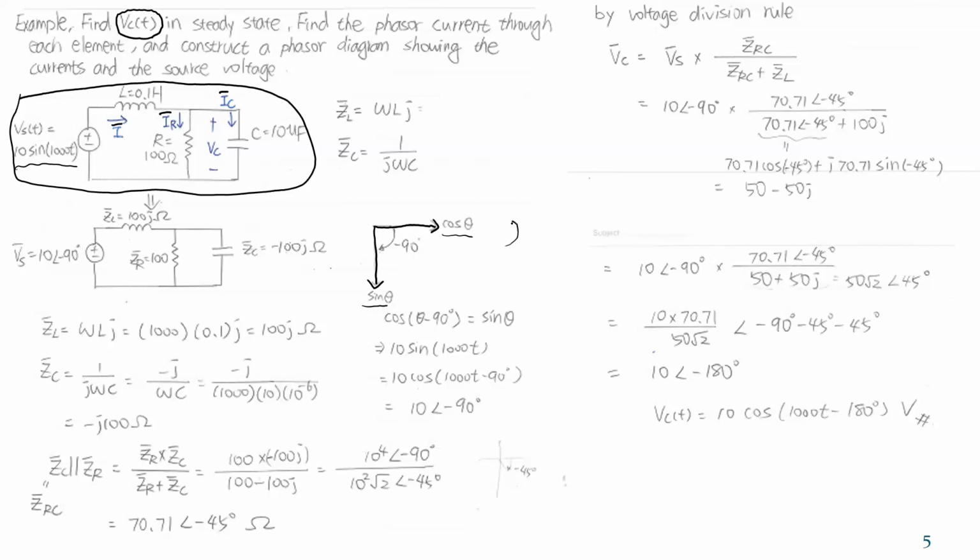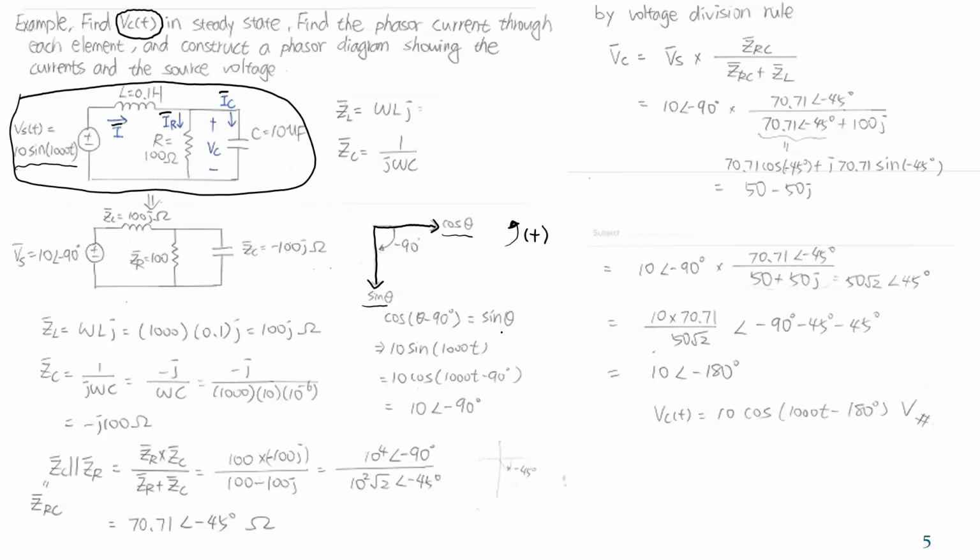If it's in the counterclockwise direction, it is positive. But right now it is in the clockwise direction, so it's negative. It's minus 90 degrees. So we have cosine(theta minus 90 degrees) equals sine theta.